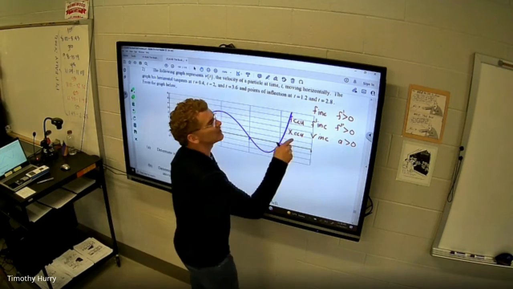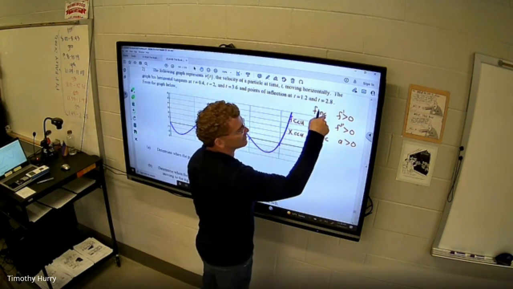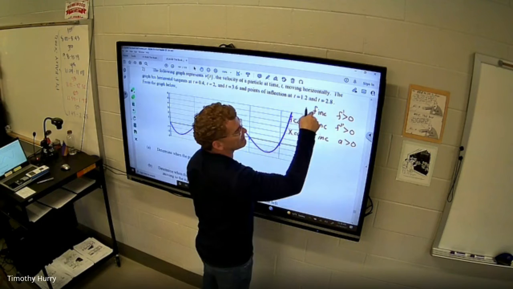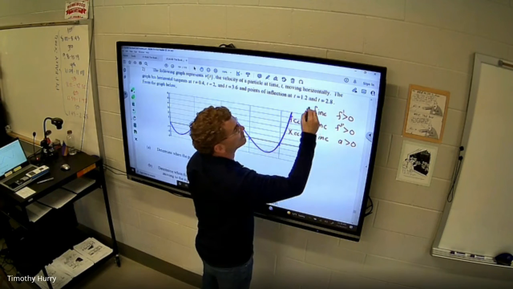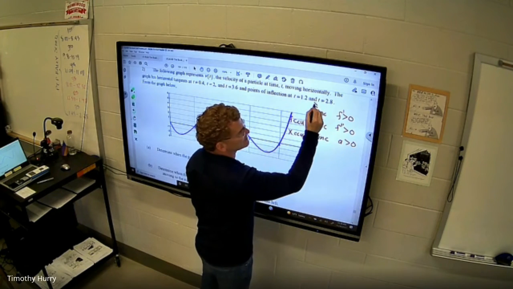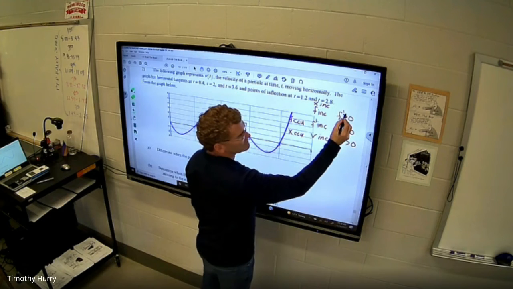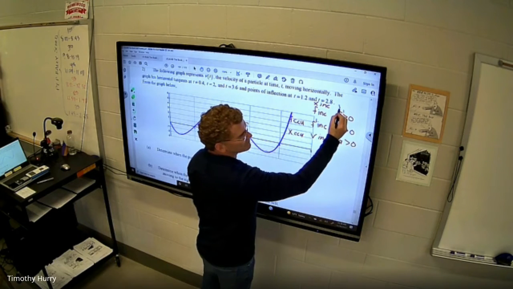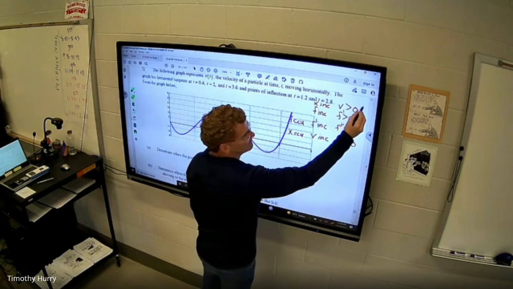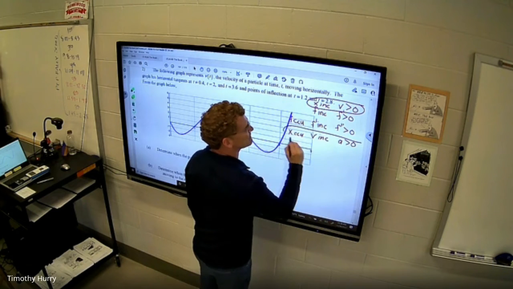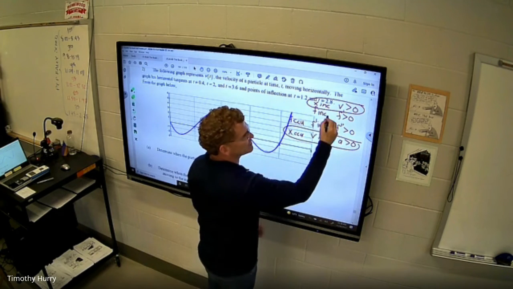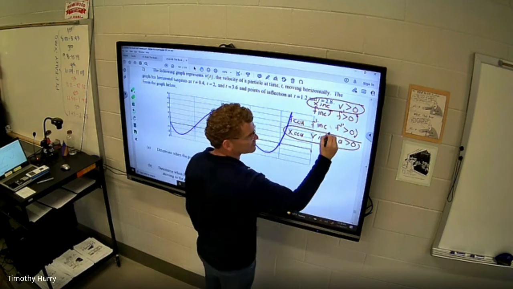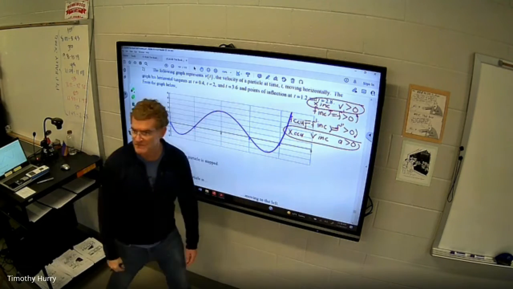And also, if my function is increasing, let's just call that v, or you could even say x. If x is increasing, then what do I know? My velocity is positive. So you can make these same connections from these two relationships, because these are all linked together, right?